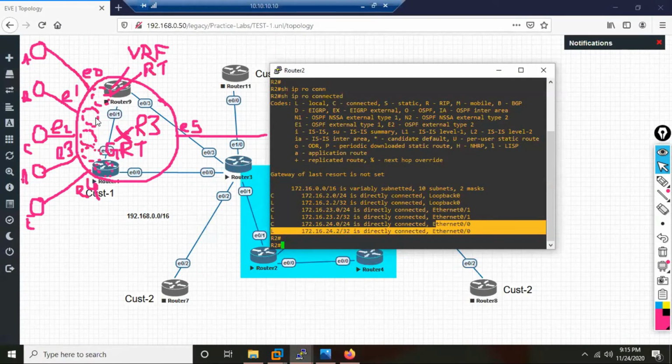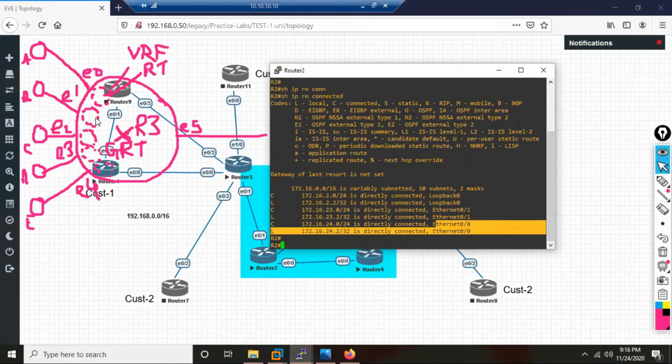So VRF on layer 3 is like what? VLAN on layer 2. One interface cannot be part of two VRFs, correct? That is one thing. Second, can one VRF contain multiple interfaces? Yes.